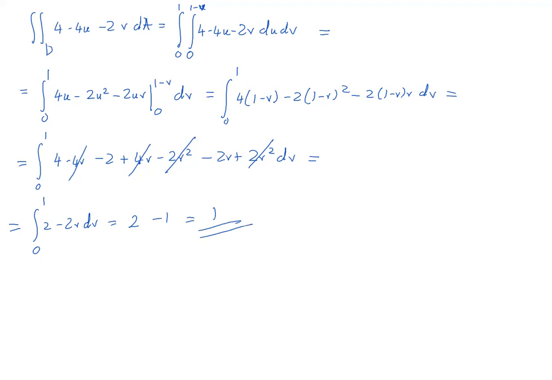So as you can see, problems like this can be labor intensive because there are many, many things that have to be done. And finally, let's come to our last problem, where we need to compute the outward flux of the vector field F of x, y, z is equal to x cubed, y squared plus z, z minus x, through the boundary of the box 0, 1.